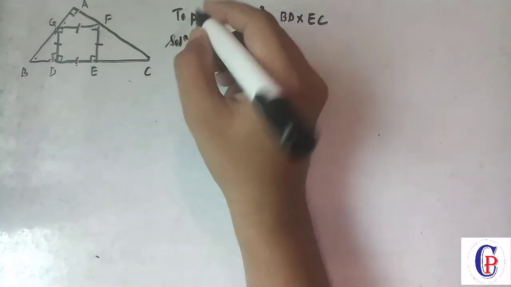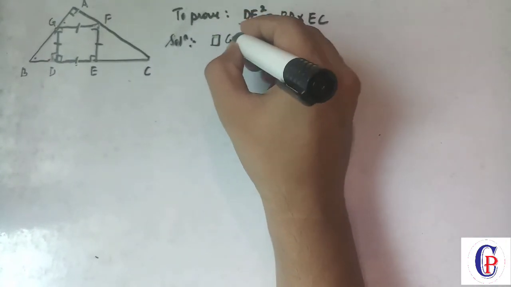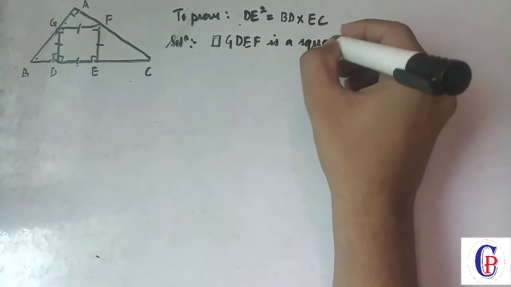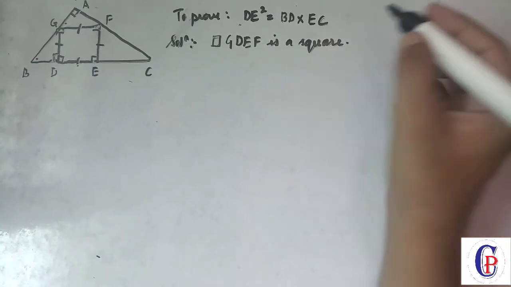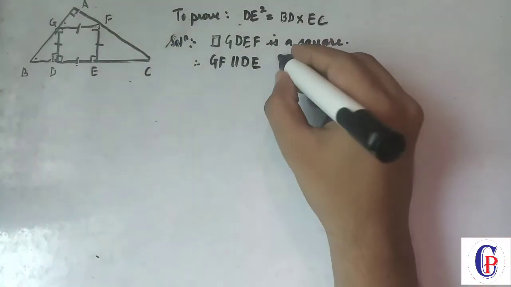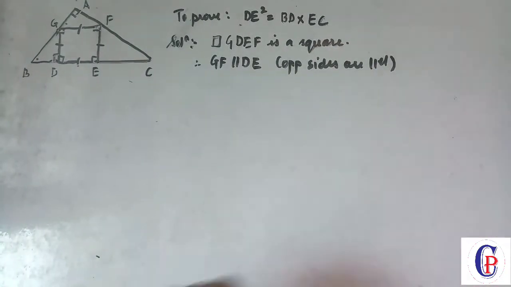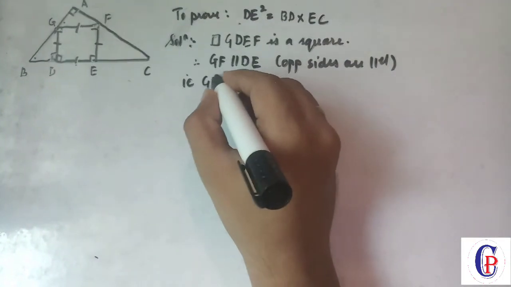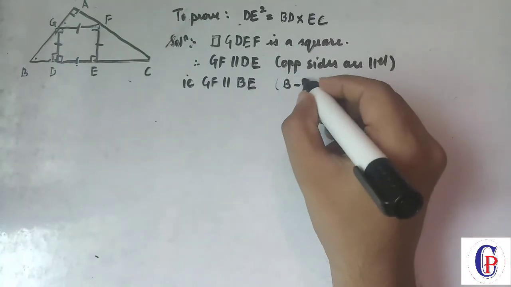So we will say that quadrilateral DGEF is a square. The same thing that we have discussed, now we will write it. Quadrilateral DGEF is a square, therefore GF is parallel to DE, right? Opposite sides are parallel. So we can also say that GF is parallel to BE because B, D, E are collinear.